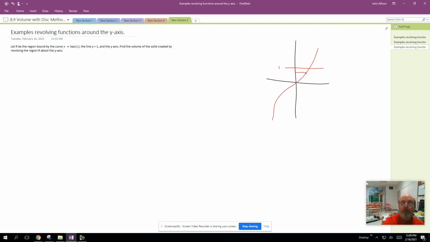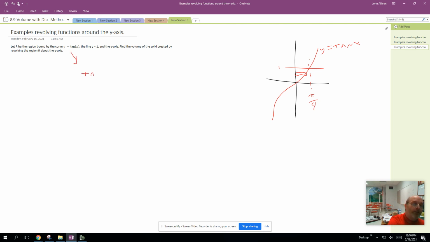I'm going to draw one rectangle. y equals tangent x. And we know, of course, that this x value, where the tangent is 1, is going to be pi over 4. So now we're going to solve this equation for x.